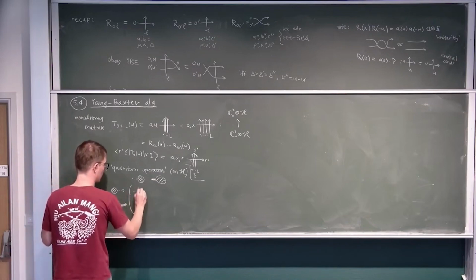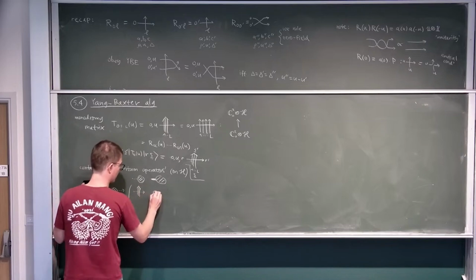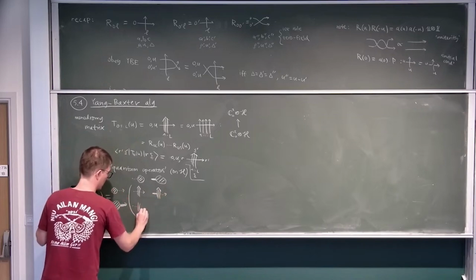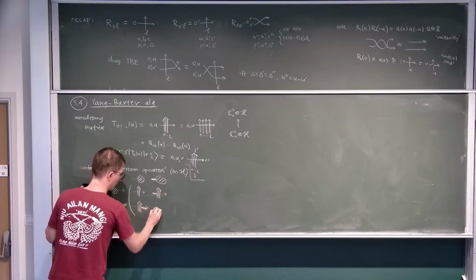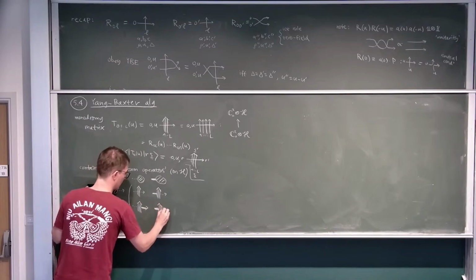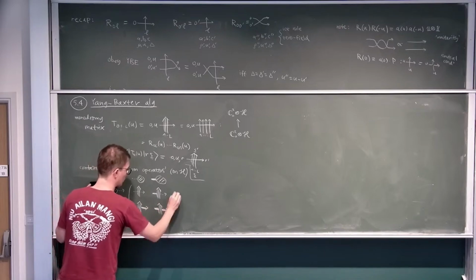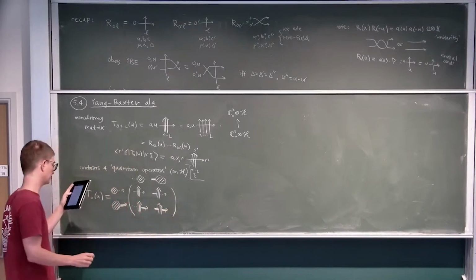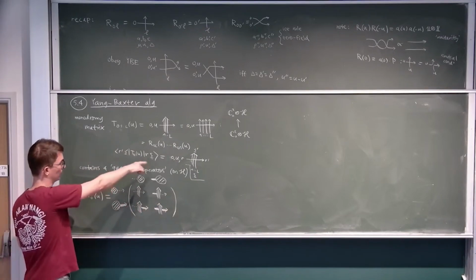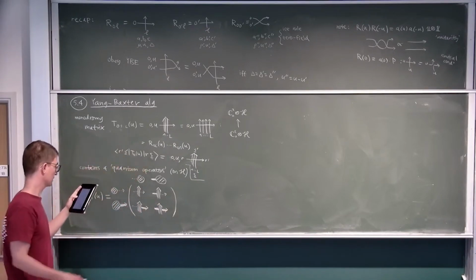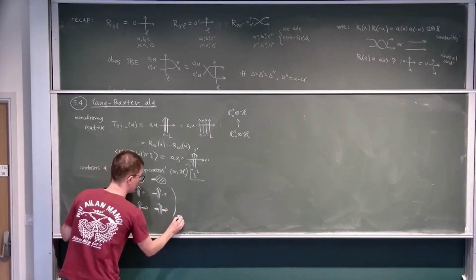We have either this picture, or this picture, or this picture, or we have the one which has fat lines incoming and outgoing in the auxiliary direction. And of course, they should have all the labels. And this is a 2x2 matrix in the auxiliary space.